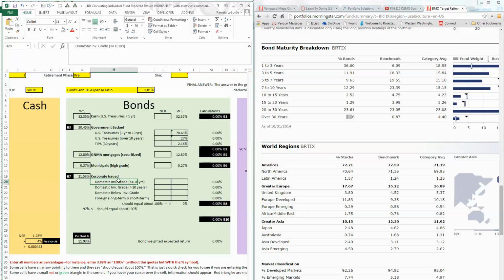So this cell is domestic investment grade that are 10 years or less. I know that 10 years or less comprises about 70% of their bond portfolio. I know that corporate issued is about 21.53% of their portfolio.